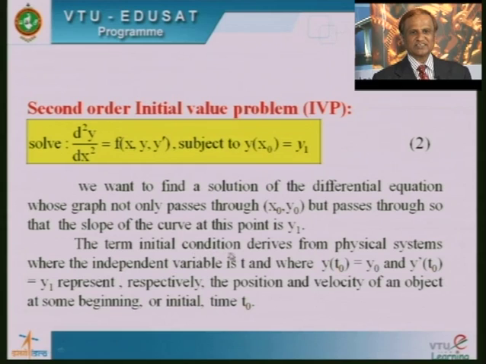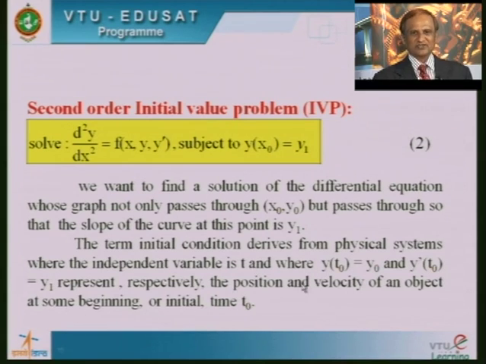The term initial condition derives from physical systems. So, how are we going to define initial conditions? We can define initial conditions from any physical system where the independent variable is t, where y of t naught is equal to y naught and y prime of t naught is equal to y 1 represent, respectively, the position and velocity of an object at some beginning or initial time t naught.